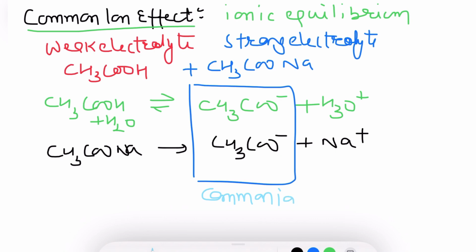So there is an increase in the concentration of acetate ion toward the product side. According to Le Chatelier's principle, if there is an increase in the concentration of product, then the reaction shifts in the backward direction.